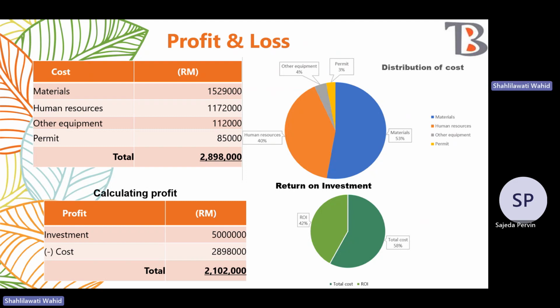Human resources is the second major cost at 40%, and other equipment and permit occupy 4% and 3% each. To calculate the profit, we deducted the total cost from the total investment, and the value is 2,102,000 ringgit. About the return on investment, the ROI is 42% of the investment.